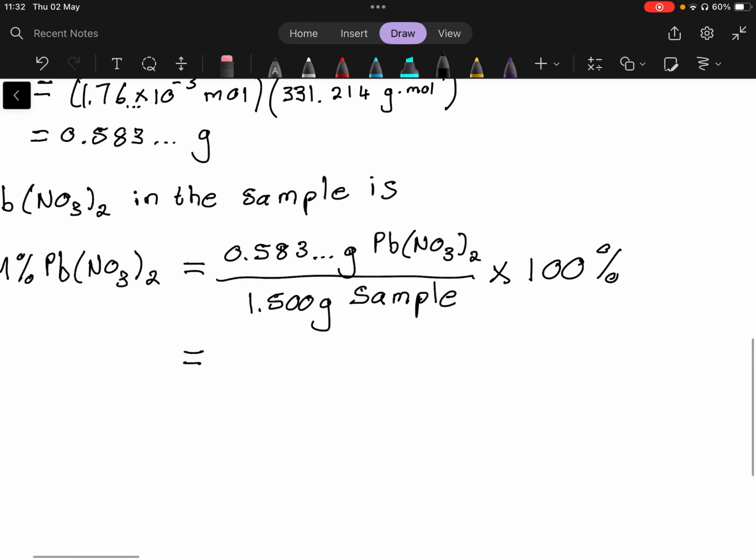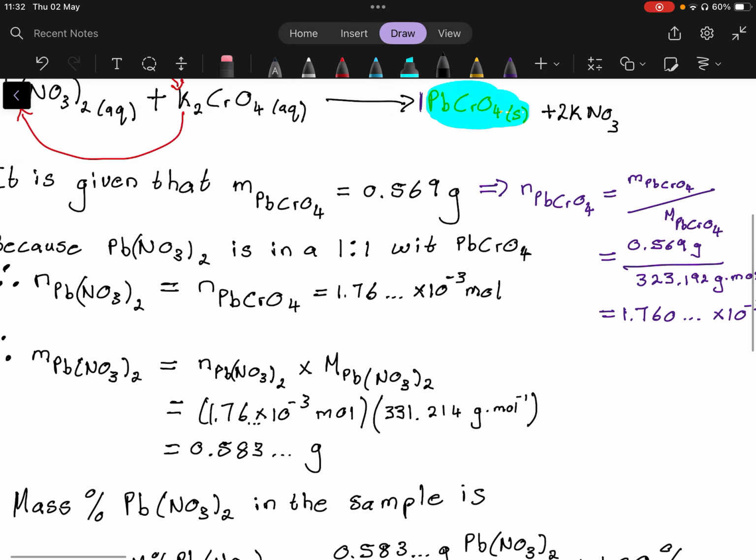We should get here an intermediate value of 38.8%. And why is that not our final answer yet?